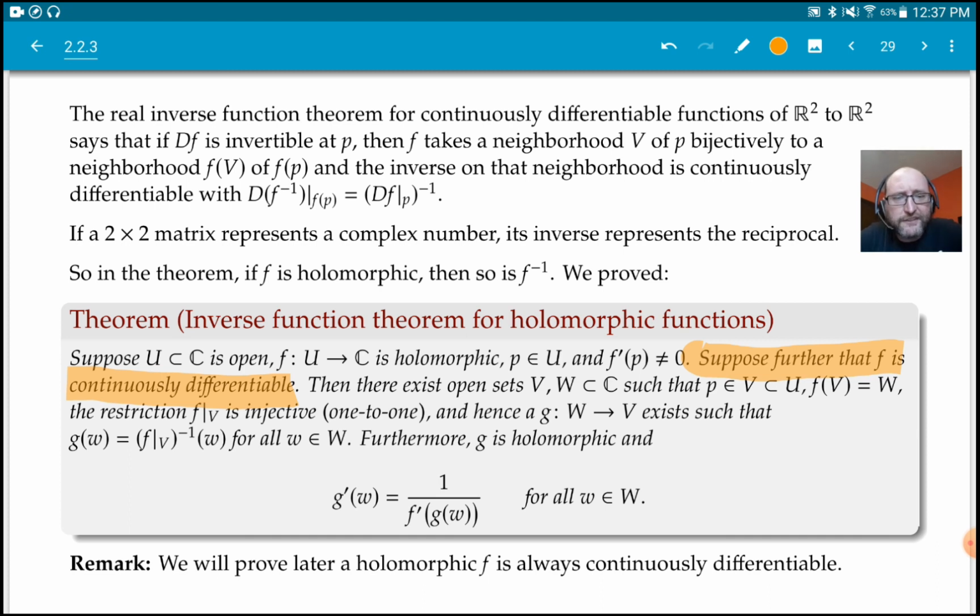Every holomorphic function is going to be continuously differentiable. Later on, once we have more machinery, you can give a more complex variables proof of the inverse function theorem, where, of course, this hypothesis wouldn't be there either. But for that, we'd need more machinery.